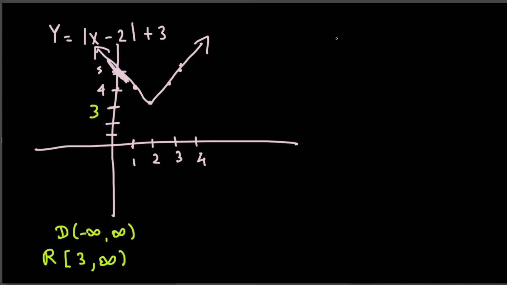Okay, now let's look at another example. Let's say we have a function given that is like this, y is equal to 4 minus the absolute value of x plus 1. So when you have a value that's adding or subtracting right in front, that's where the graph is going to start.